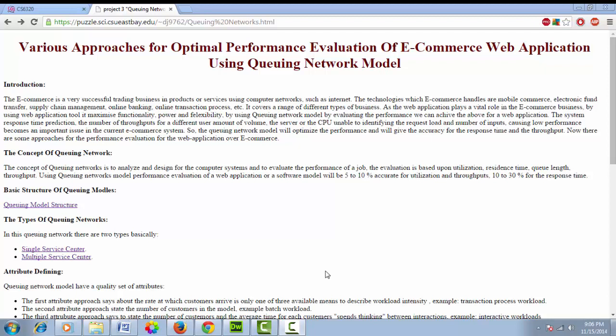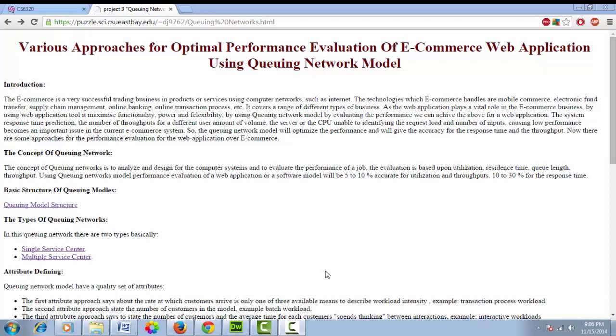Now I'm going to discuss the concept of queuing network. What does the queuing network mean? The base concept of queuing network is to analyze and design for the computer system and to evaluate performance of a job. Evaluation is based upon some strategies.